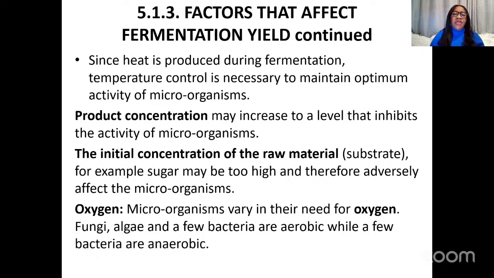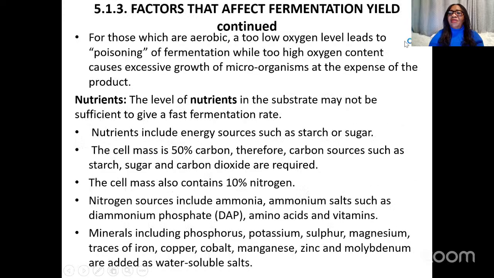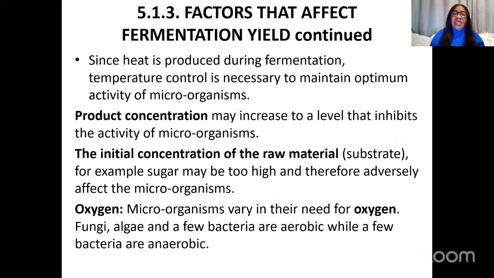So another factor is product concentration. The product concentration may increase to the level that inhibits the activity of microorganisms. That is, the microorganisms are useful for us in this case.